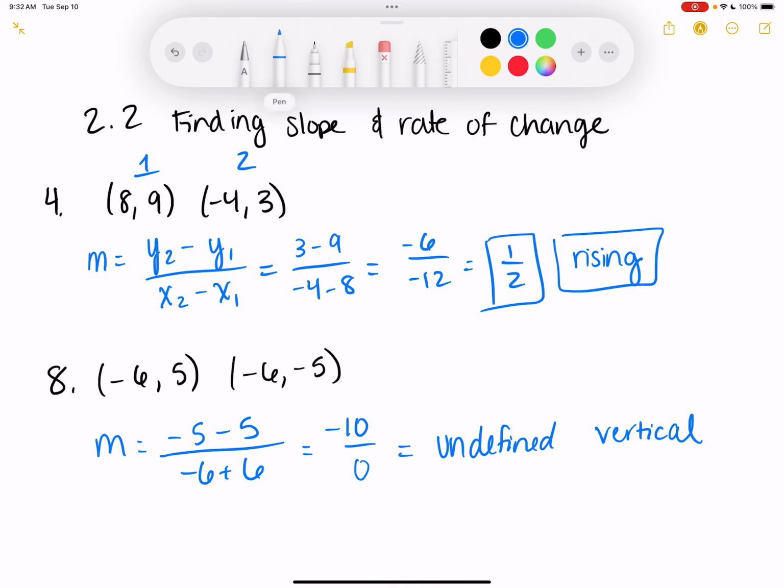So that would not be a function. See, the x value repeats, so no.